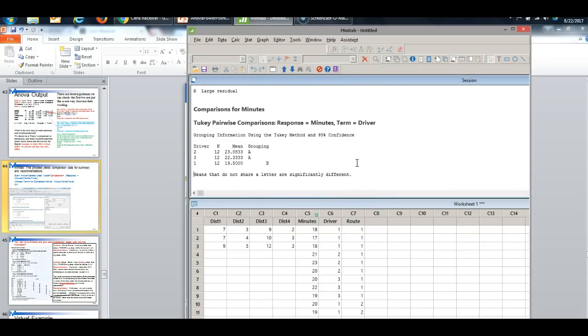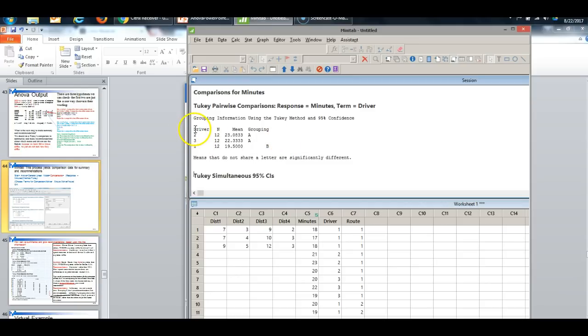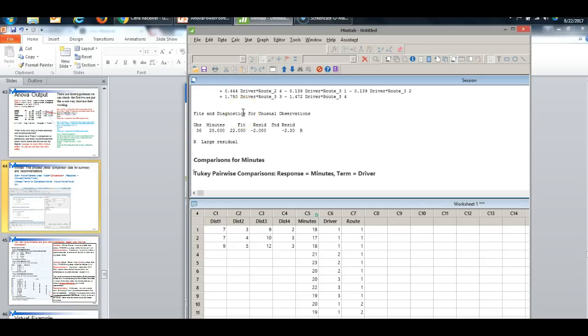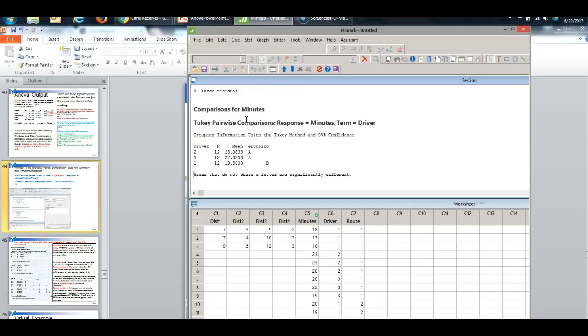So here's my grouping methods. So this says pairwise. We got all of this information, and we have pairwise comparisons. So driver 1 is faster than 2 and 3, isn't it? Driver 1 is statistically and significantly faster than drivers 2 and 3.